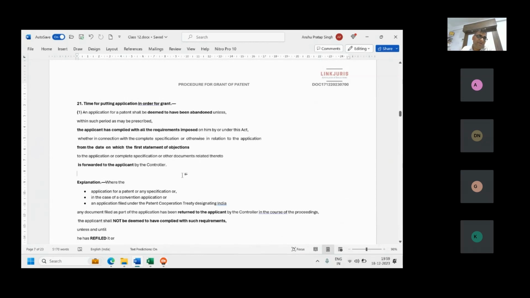So the applicant should comply with the FER issued, within 6 months from that date. You should comply with all the requirements imposed on you by or under this Act.